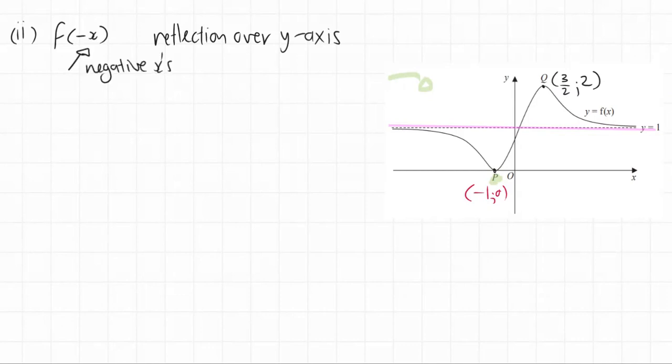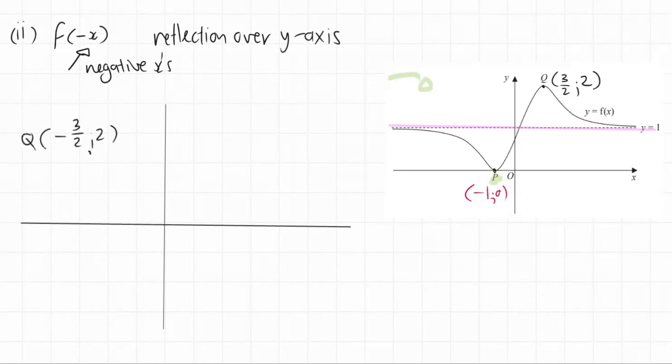So how does that look? Let's get a little xy axis. Well, we had Q as (3/2, 2), so our new Q is going to be (-3/2, 2).